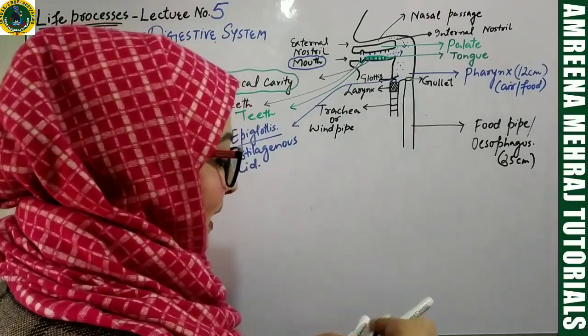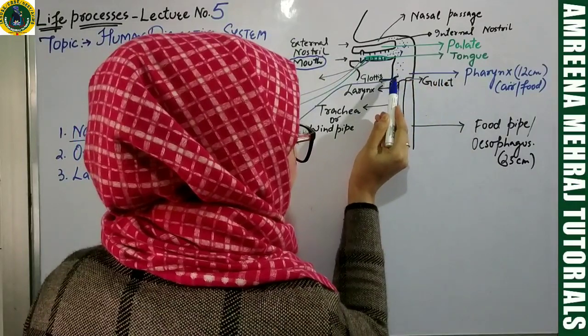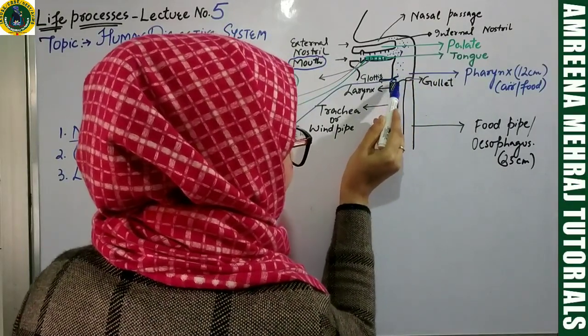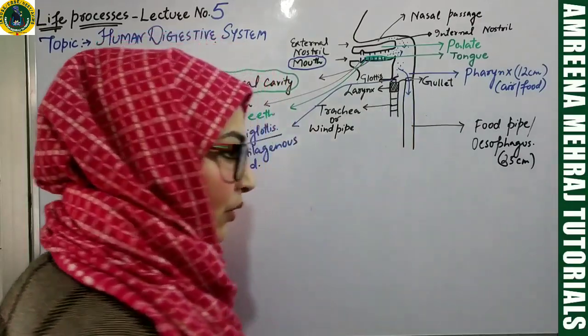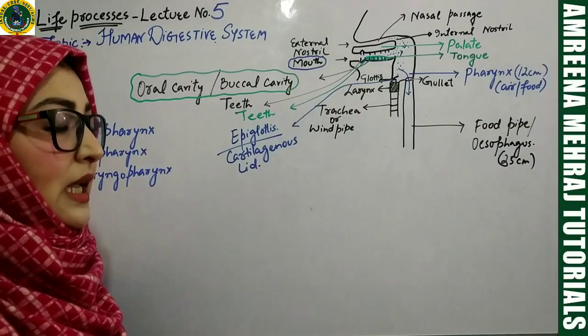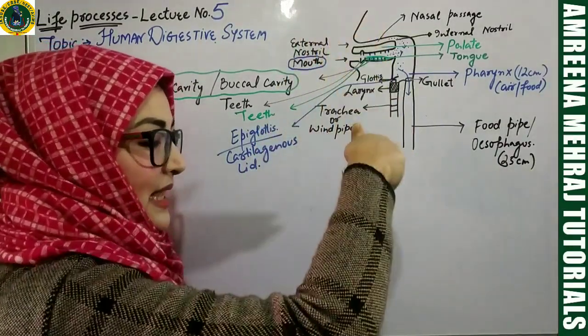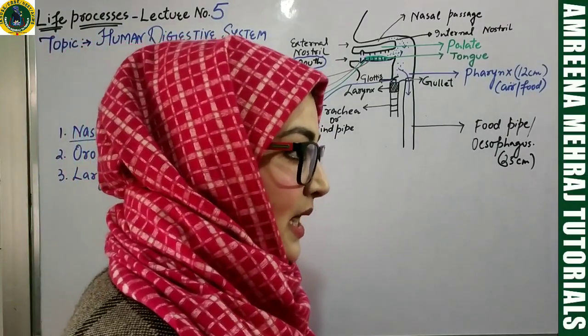So obviously if this lid covers this part, the food will enter into the esophagus. And then the esophagus will take that food into the next part, which is going to be the stomach.